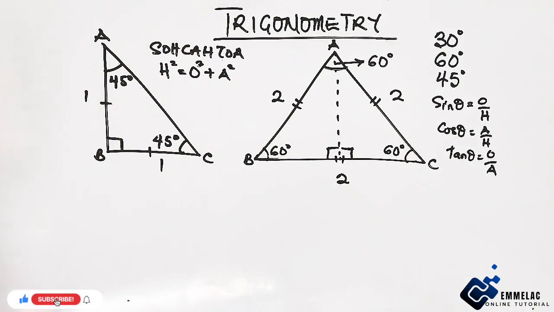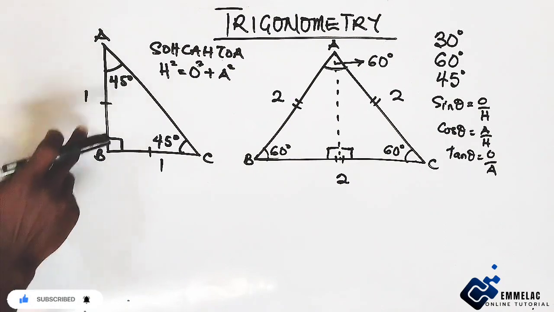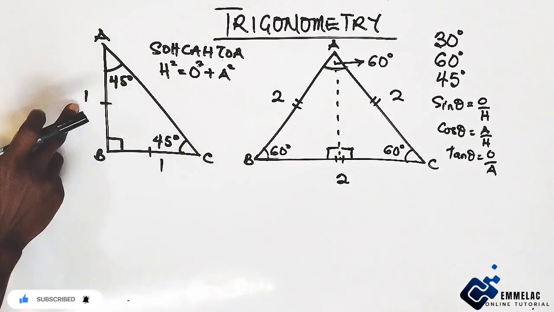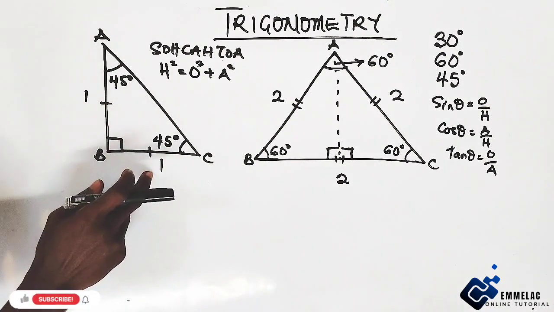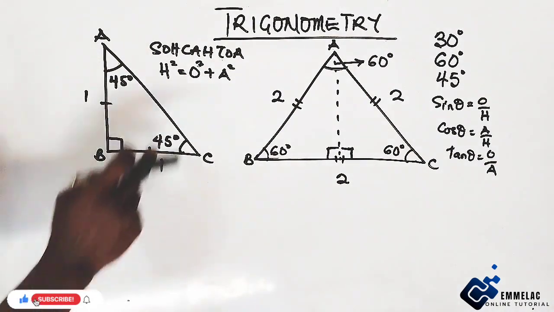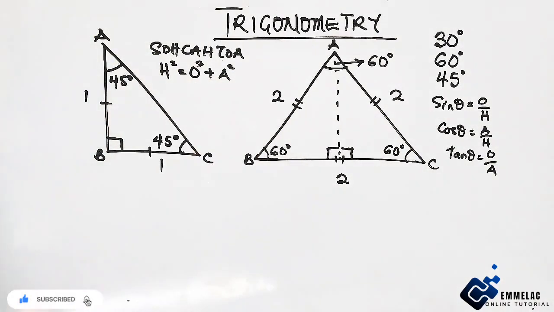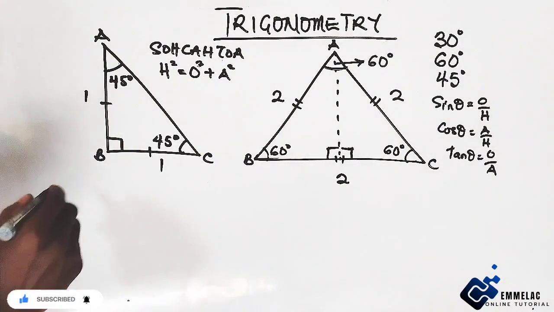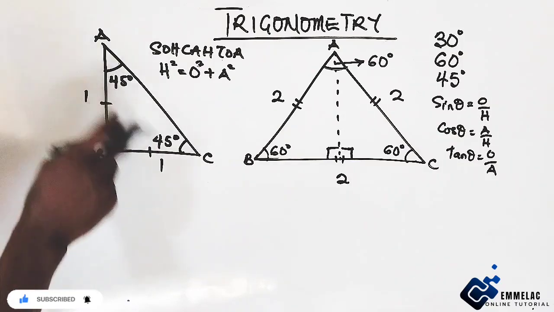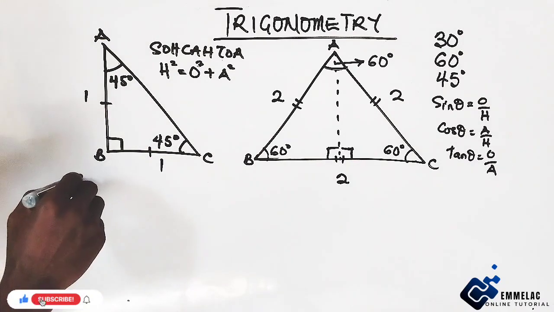Alright, solving this, now that we know that this side and this side are the same, we represent it as 1 unit. Okay, now let us find the value of the hypotenuse of this triangle. Using the Pythagoras theorem, the hypotenuse of the 45-degree triangle, here we have the hypotenuse.